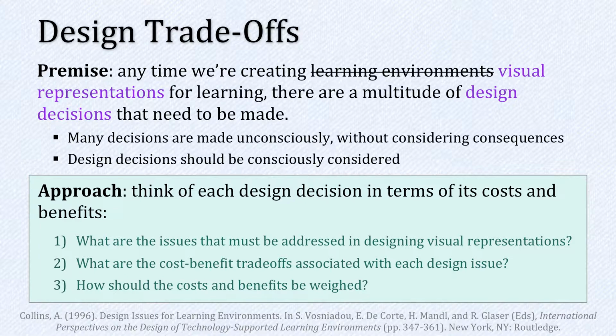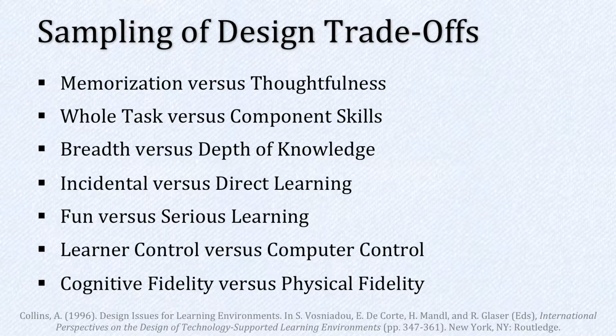In his 1996 article, Collins shares a sampling of design trade-offs that he thinks are important for designers to consider when they're designing learning environments, or in this case, visual representations. So what are some of those design trade-offs? Well, here's a sampling of some of them that he talks about. There's a trade-off between memorization versus thoughtfulness.